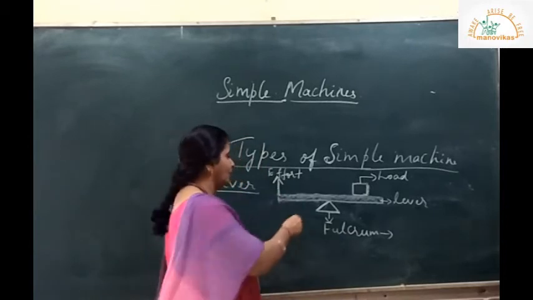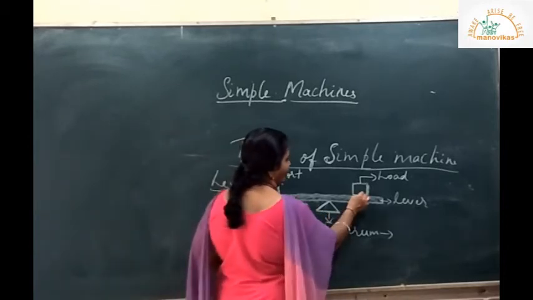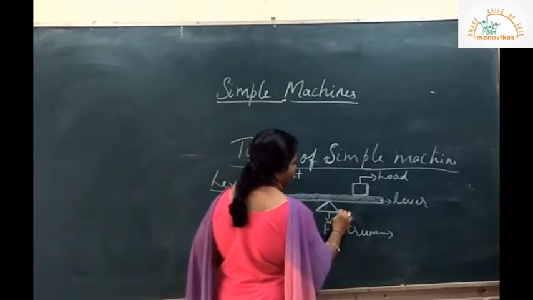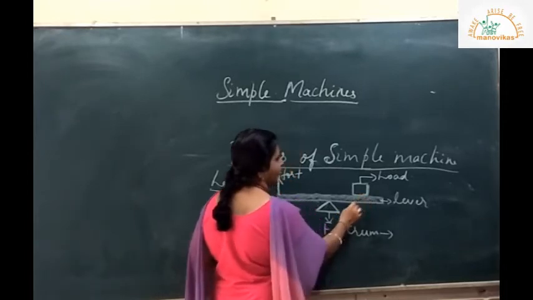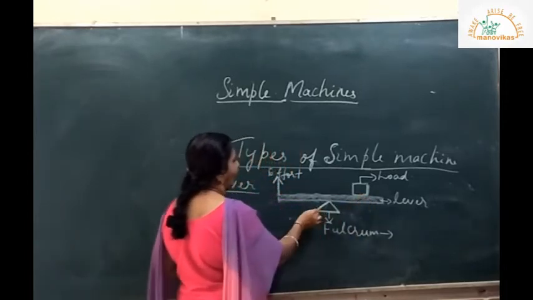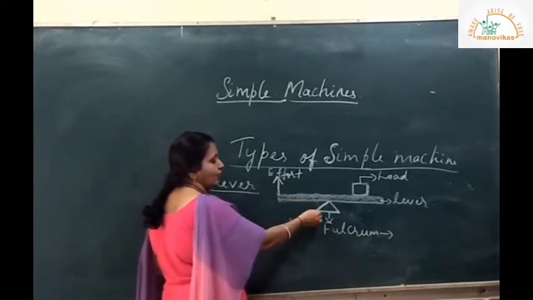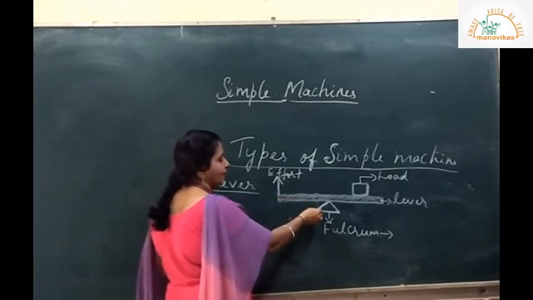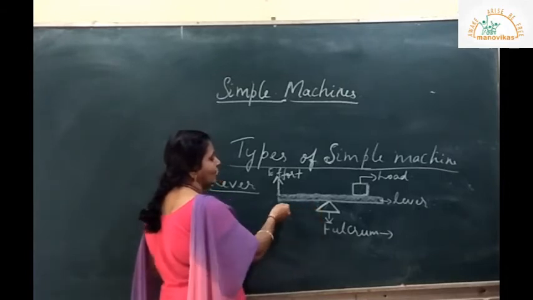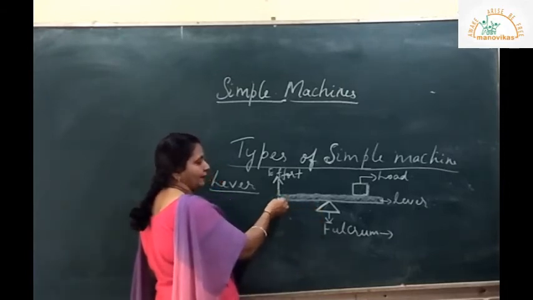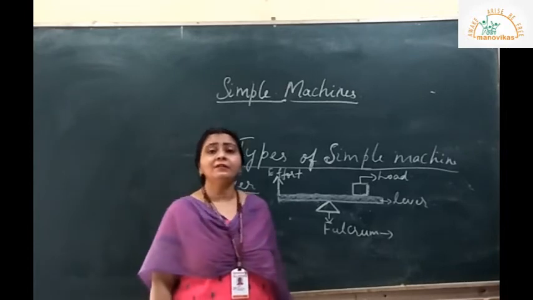So here, from the fulcrum to the load, this distance is the load arm, and from the fulcrum to the point at which the effort is applied, that is called the effort arm.